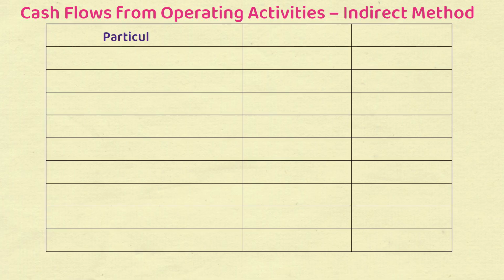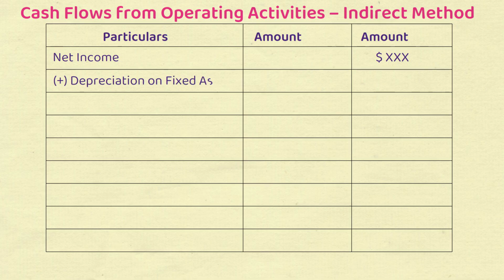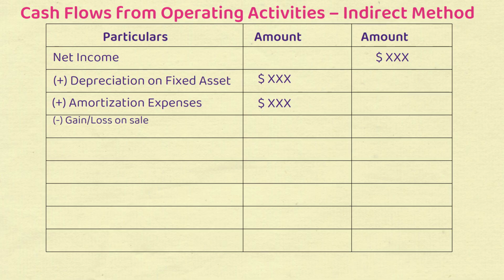Cash flows from operating activities, indirect method. Particulars: net income, amount. Plus depreciation on fixed asset, amount. Plus amortization expenses, amount. Minus gain or loss on sale of fixed asset or investment, amount.